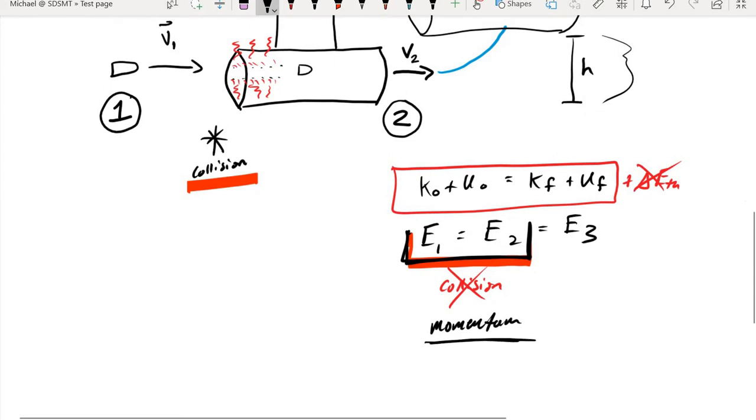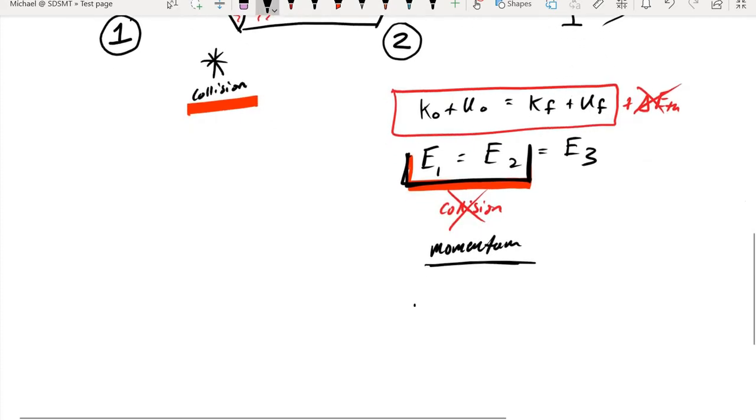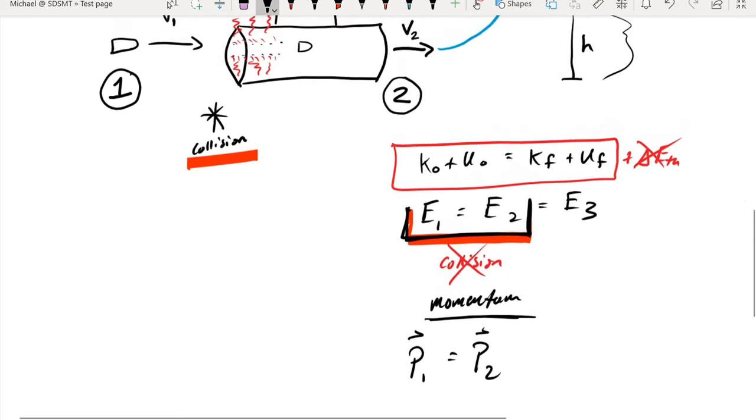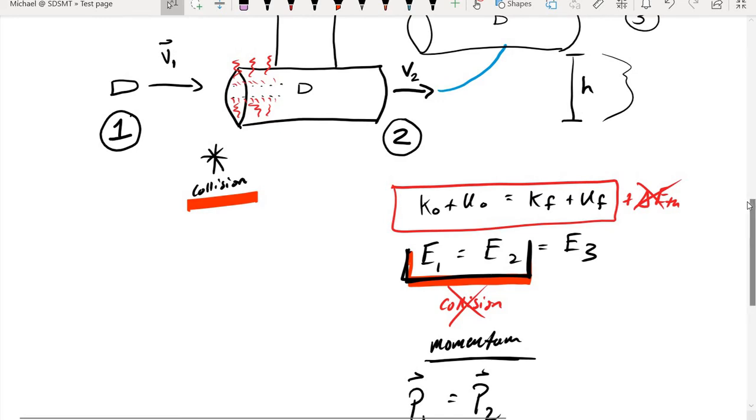When it comes to momentum, momentum doesn't care about the energy. It doesn't care what kind of energy you have. It doesn't care how the energy is transferred or transformed. And so if we could conserve the momentum between those two points, then we could do the physics.